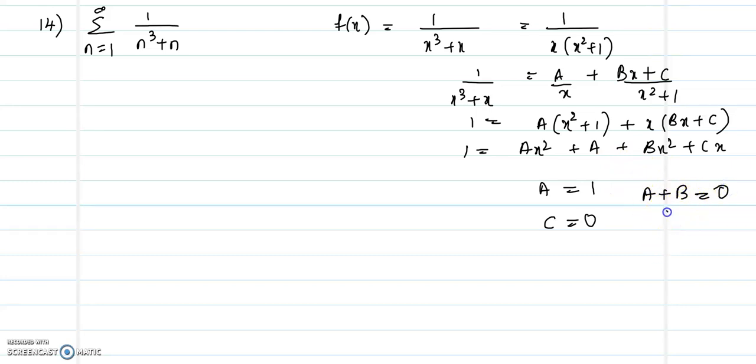So a is already 1, so b has to be equal to minus 1. So we'll get f of x equal to, a is 1, so 1 by x plus b is minus 1, so minus x by x square plus 1, and c is 0.